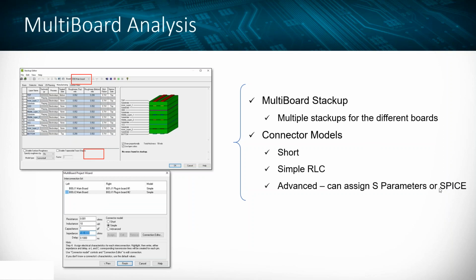Okay, so how are stackups handled within the multi-board analysis? This can be a little bit tricky to set up. Essentially there are two stackups hosted in a multi-board project, or three if you have three different boards. You can have a pull down that shows this is the stackup for the main board, and then this is the stackup for the daughter board as well. All of that stackup information is brought over via the ODB++ model or the HYP model.